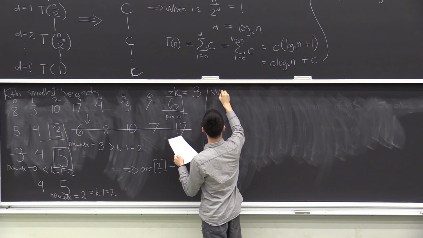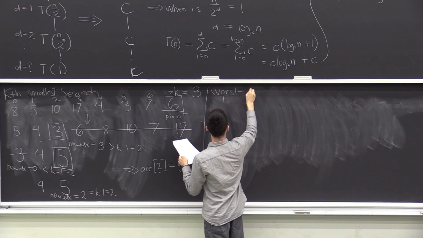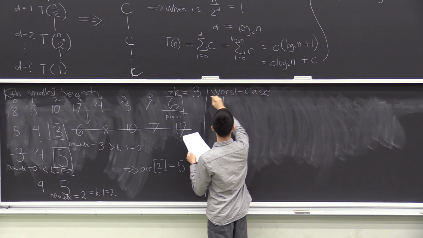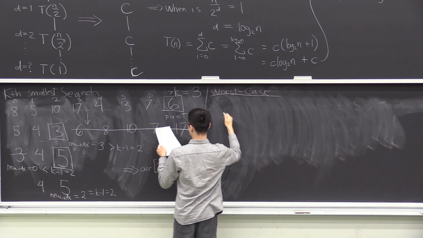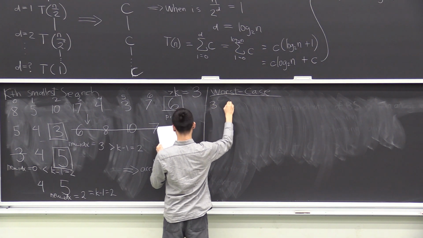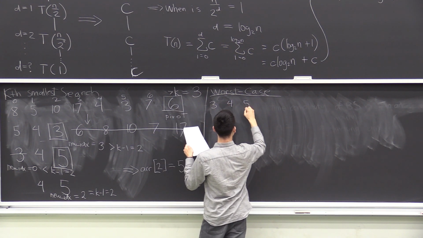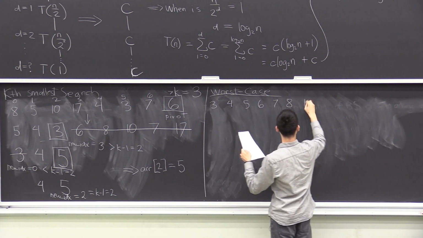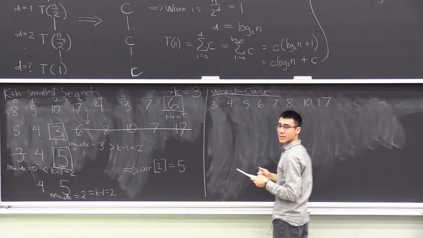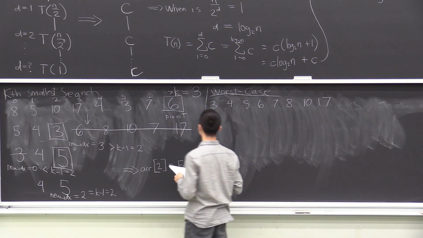Let's just write out what the worst case really looks like here. 3, 4, 5, 6, 7, 8, 10, 17. So basically the same numbers, but it happened to be sorted now.